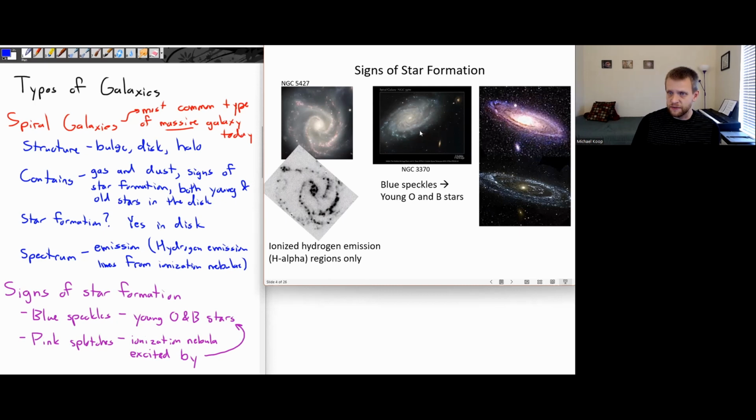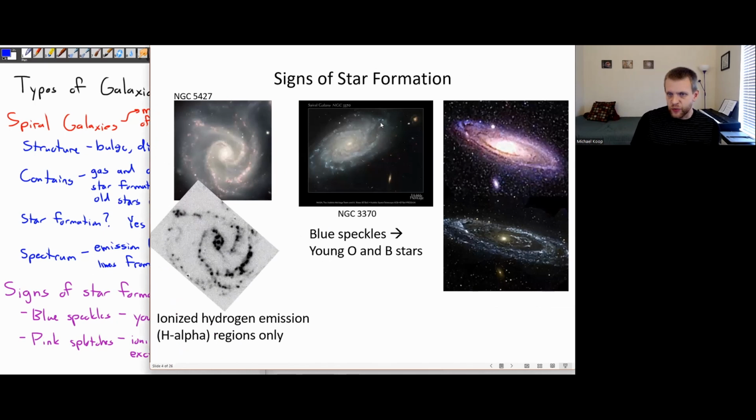In these other kinds of images, we get these blue speckles. Let me actually zoom in on this a little bit more. In these images, we get these blue speckles as well, showing that there are very young O and B main sequence stars.